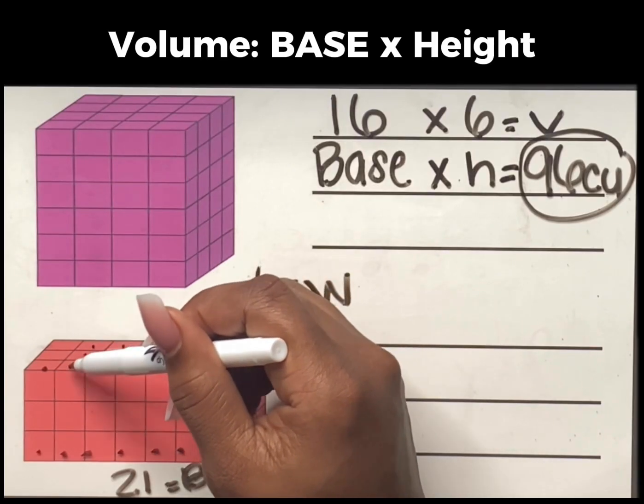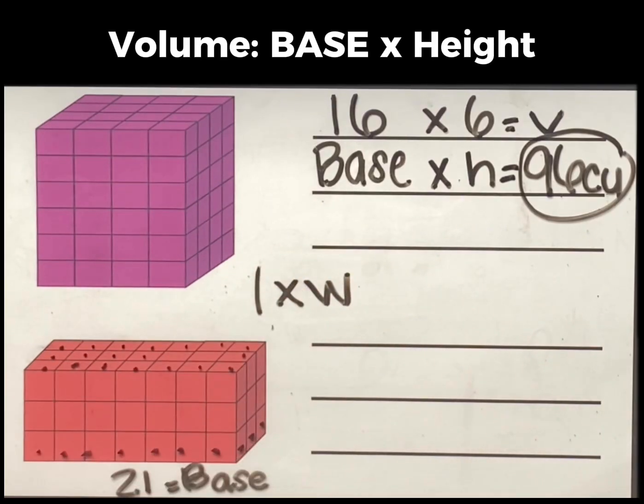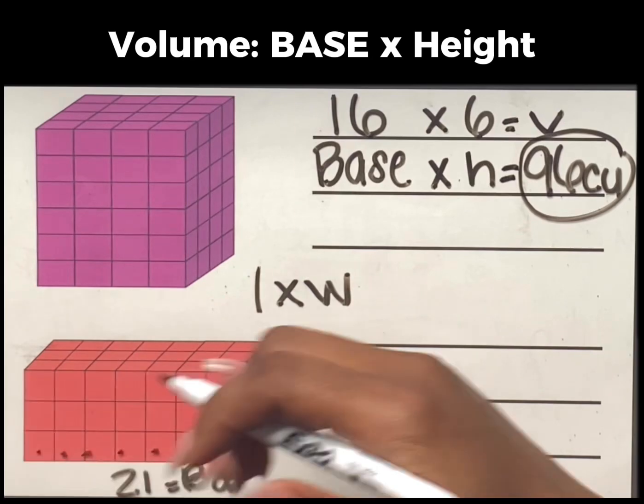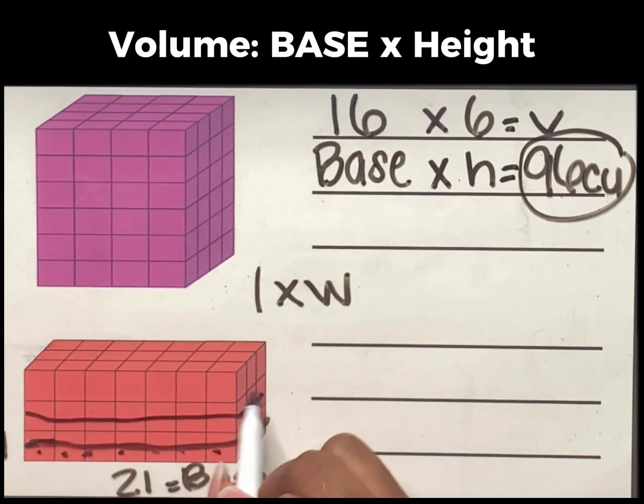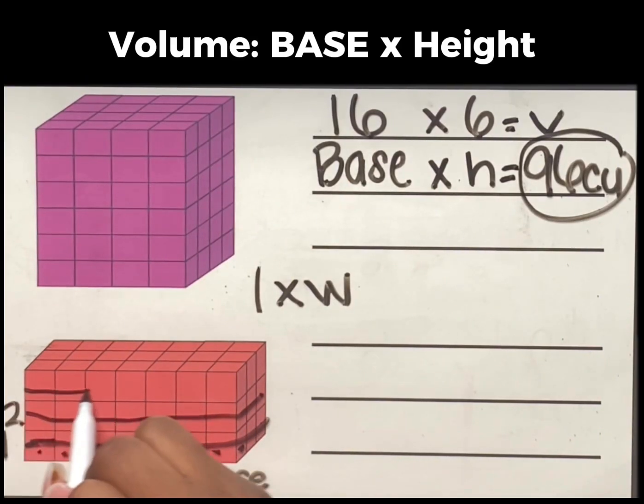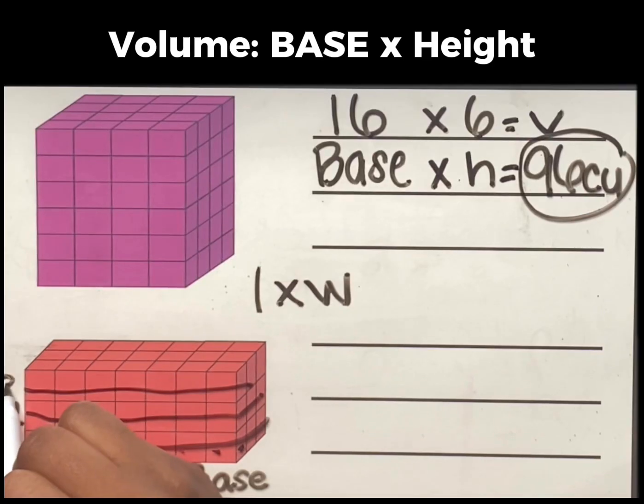In case you don't know your multiplication facts, just count the cubes in that layer. 21 cubes were in the layer. Now we're going to multiply this base by our height. We have 3 layers of 21. 1 layer of 21. 2 layers of 21. And 3 layers of 21.